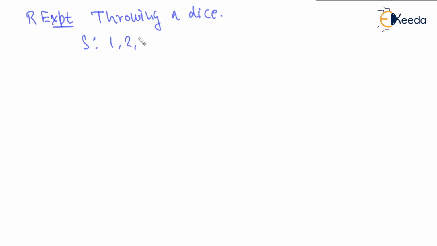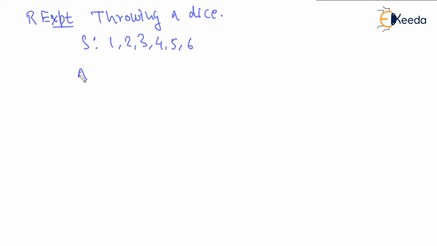Let's say we have the random experiment of throwing a dice, right? And obviously the sample space will be 1, 2, 3, 4, 5 and 6.